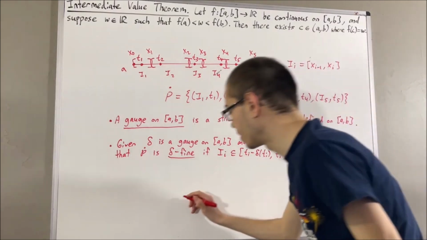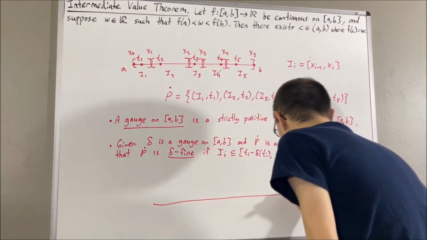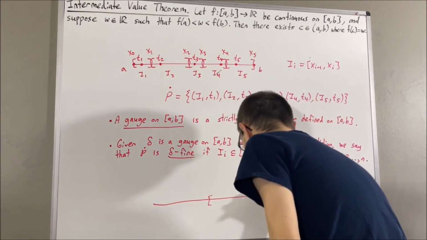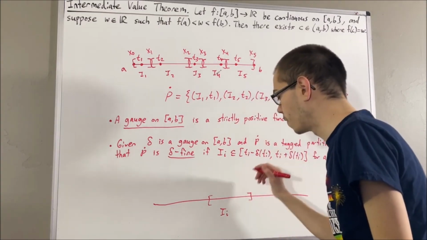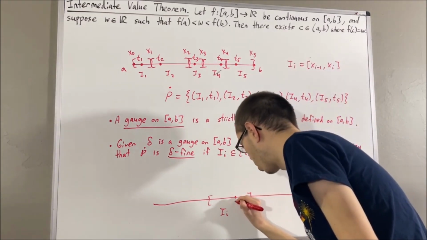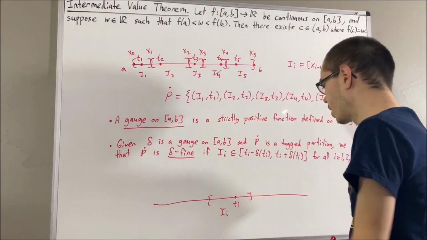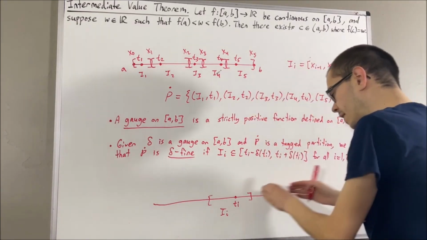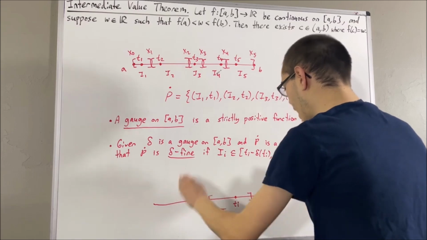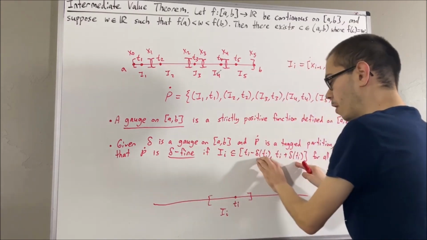So the way we can visualize this is if we consider our subinterval Ii, and we'll say that the tag of our subinterval ti is right here. Well then, this interval is an interval centered at the tag ti, and its radius is delta of ti.